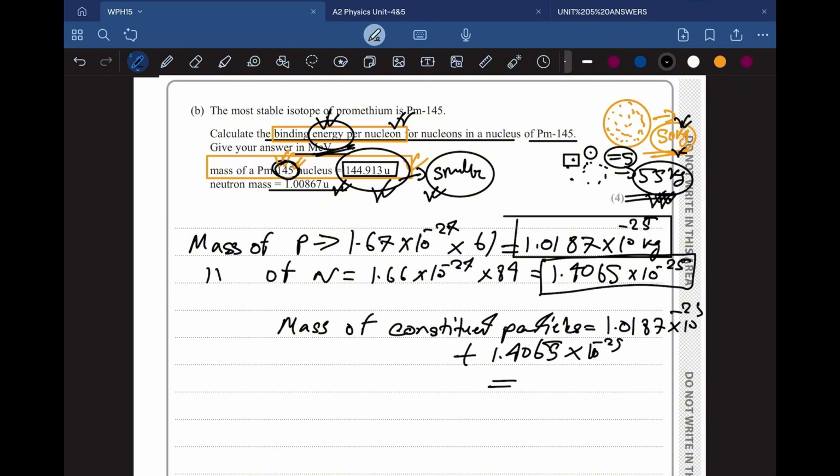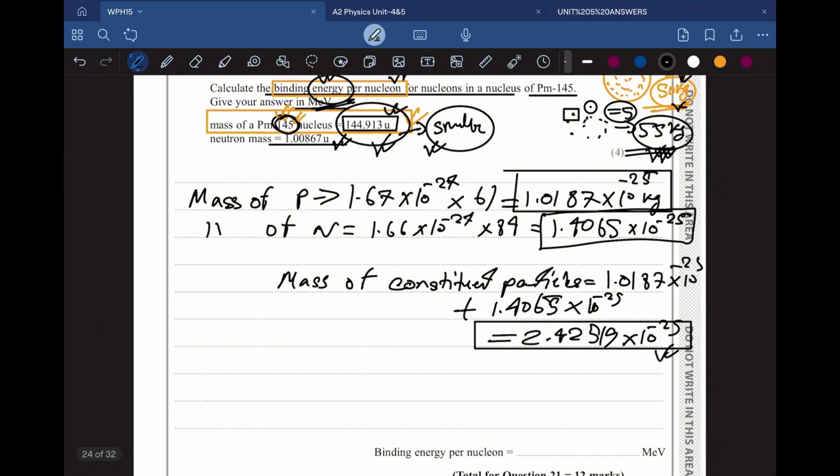How much is that actually? That is 2.42519 into 10 to the power minus 25. So this is the mass of the constituent particles, and the mass of the nucleus will be smaller than the constituent particles. So let's subtract both of them.